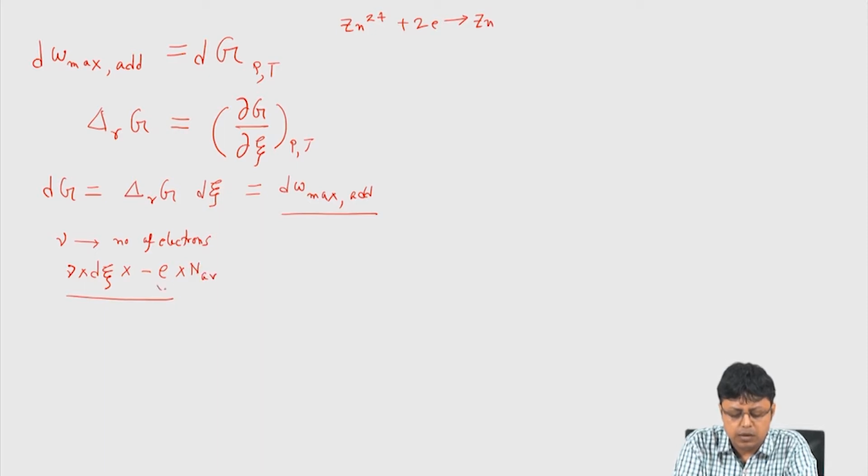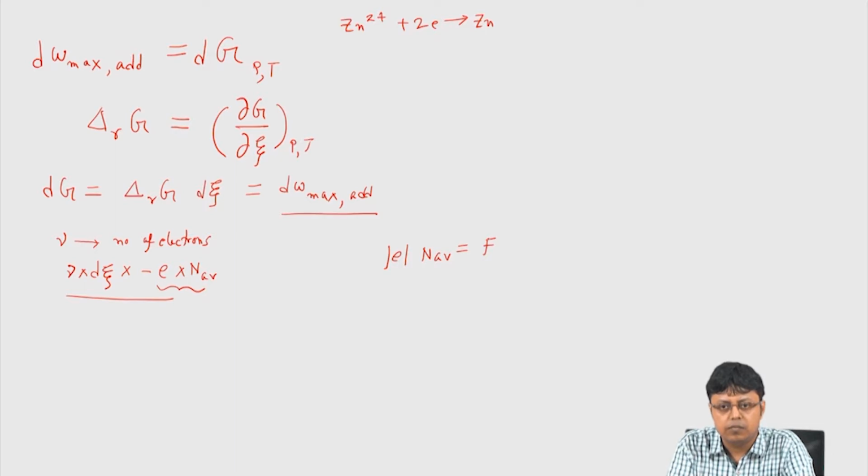This quantity, electronic charge multiplied by Avogadro number, which you already studied, is a constant which we call 1 Faraday. So the total charge that has flown for 1 mole of the substance, for an advancement equivalent to d xi, will be nothing but nu into F into d xi with a negative sign.